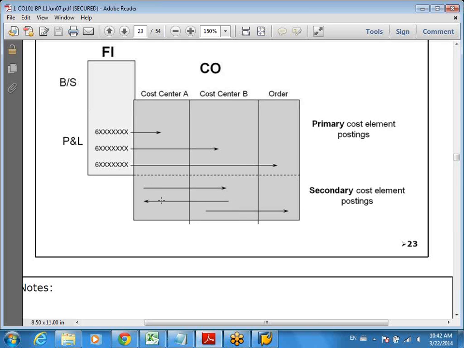Typically anything that starts with a 9, the last number in the GL account, typically those are called secondary. You mark them as secondary cost element accounts, and they have no bearing. So you exclude them in your FI accounts. Any secondary accounts.